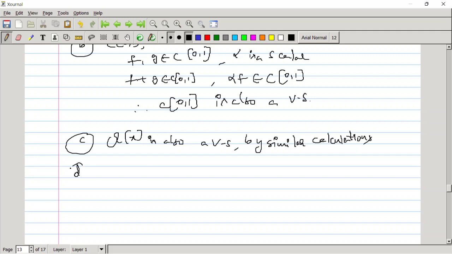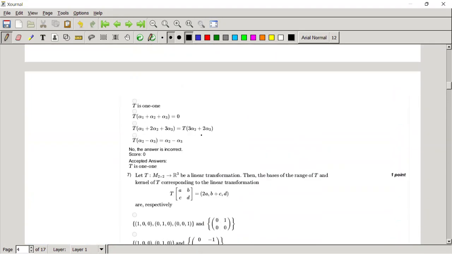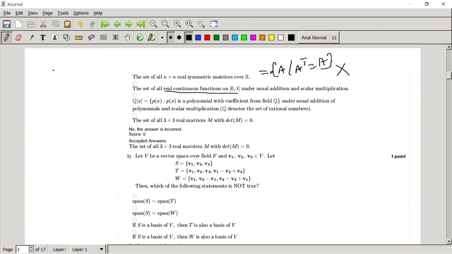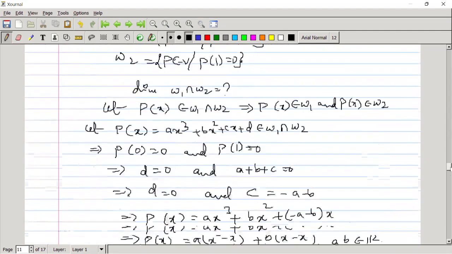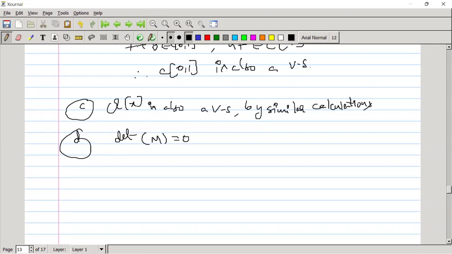But in the fourth option, it is given that the determinant of M has to be equal to 0, where M is a matrix: all 3 cross 3 matrices M with determinant of M equal to 0. We have to check that whenever the determinants of two different matrices are equal to 0, the determinant of the sum of the two matrices is also equal to 0 or not.